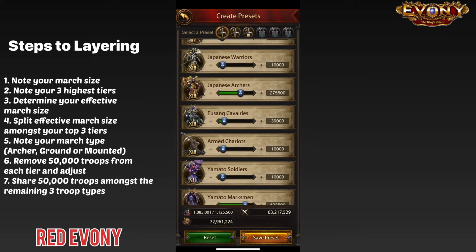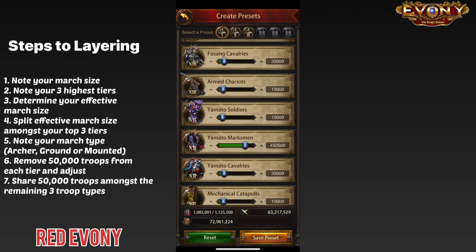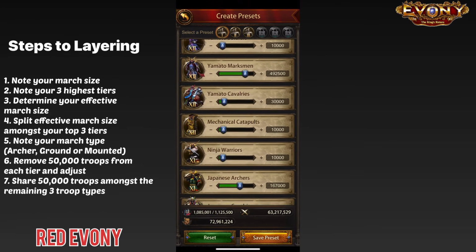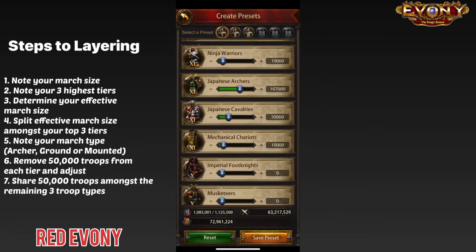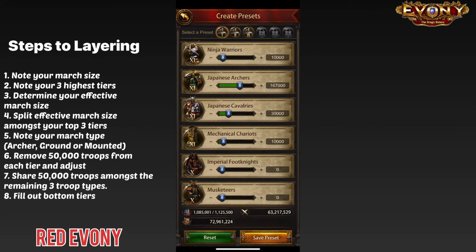So we look at the 13s, yeah, everything's there. We look at the 12s, everything's there and good. We look at the 11s, great stuff. Now, from this point, we just fill in all the layers with 1,000 troops going all the way down to T1.